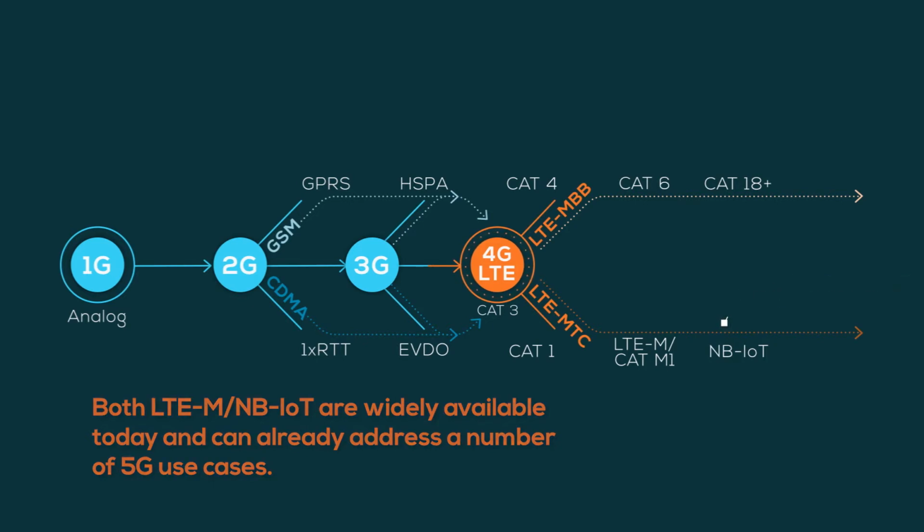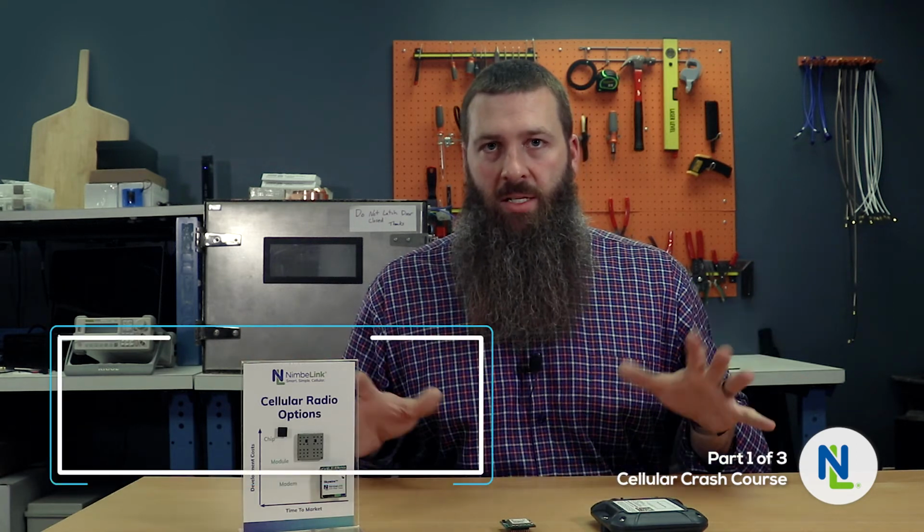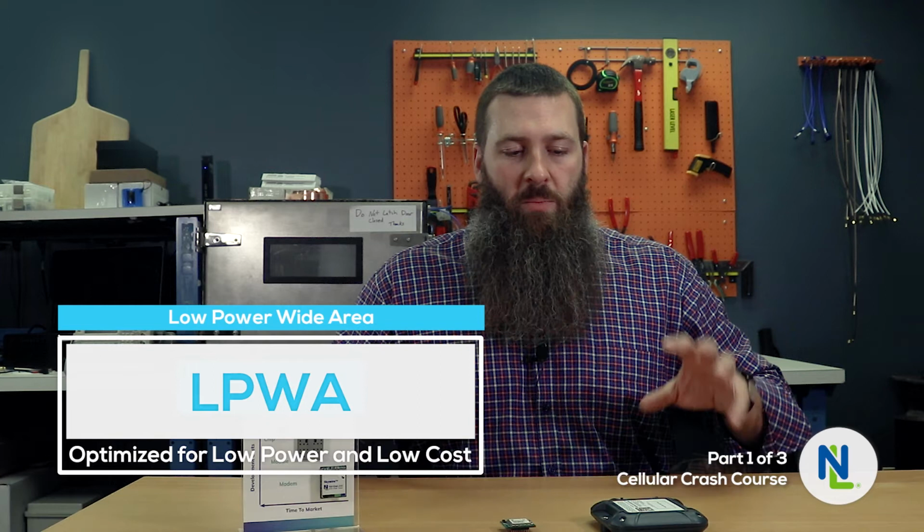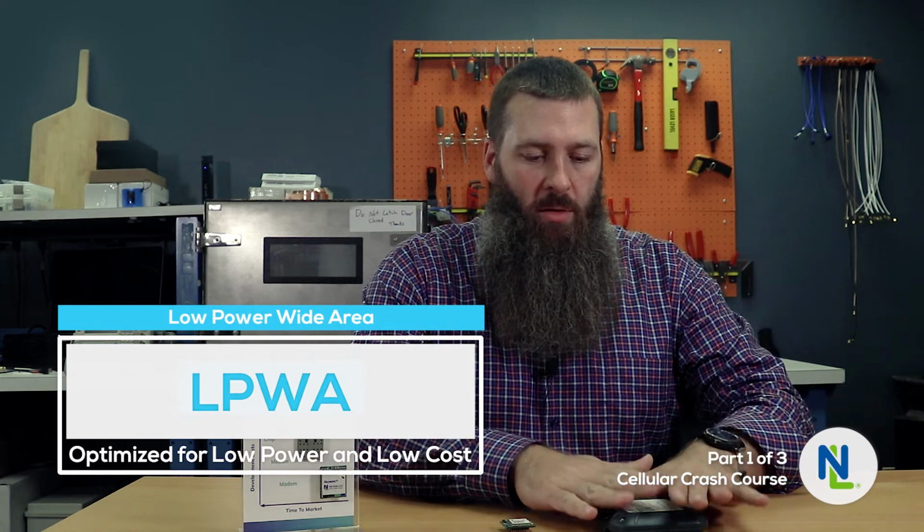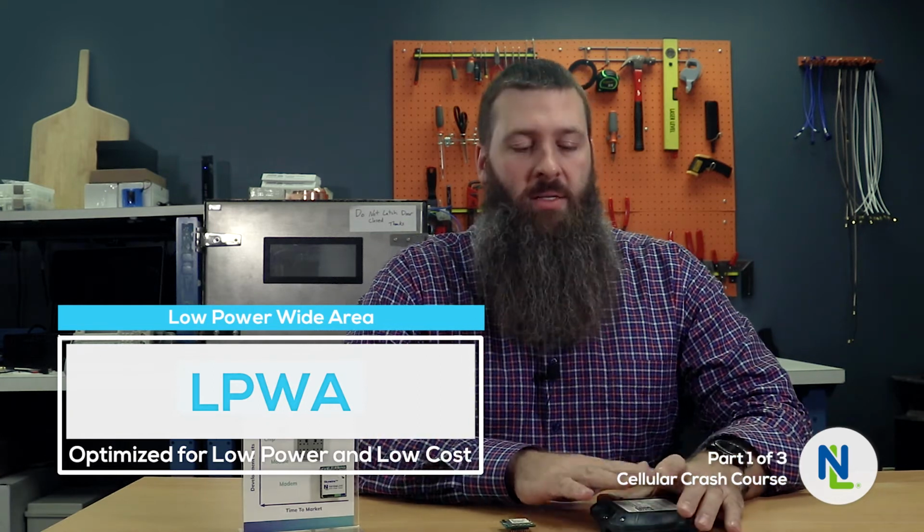And these are low power, wide area technologies, or LPWA technologies, that are really meant to optimize for low power and low cost. So that kind of got us to where we're at right now.